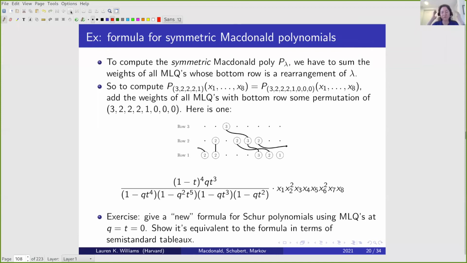By the way, if any of you are familiar with Schur polynomials, and especially the semi-standard tableau combinatorial formula for Schur polynomials, then it's a nice exercise to see how to give a new formula for Schur polynomials using our multi-line Q formula for Macdonald polynomials. Basically, you can take our multi-line Q formula, set q equals t equals 0, and then it's a not too hard exercise to see that our formula bijectively corresponds to semi-standard tableau.